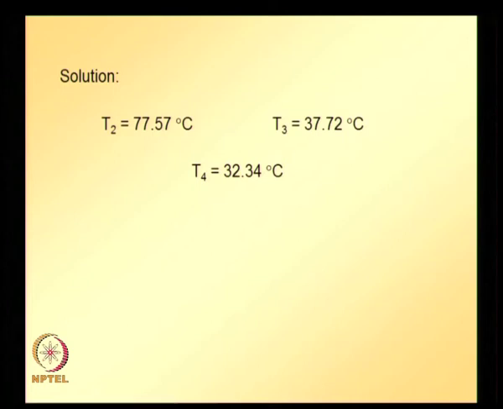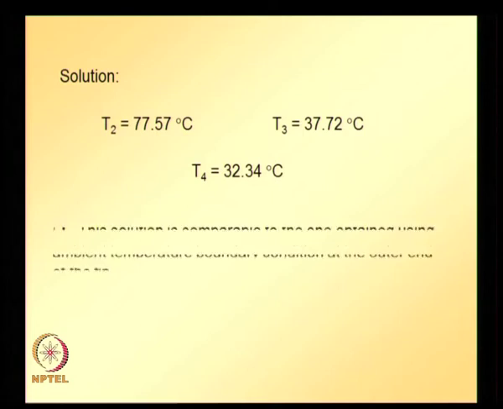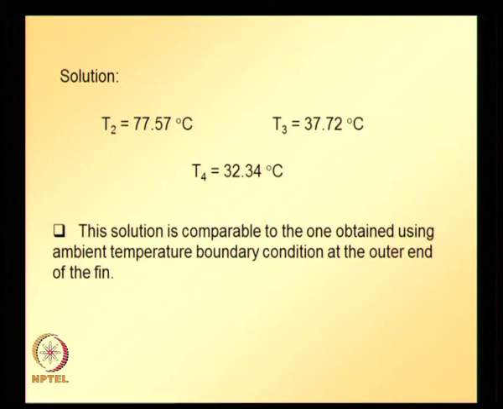and if you compare this solution with what we already have for the case when at node 4 we have essential boundary condition specified, the ambient temperature, in the previous example. If you compare the solution of both these cases, the solution is comparable to the one obtained using ambient temperature boundary condition at the outer end of the fin.